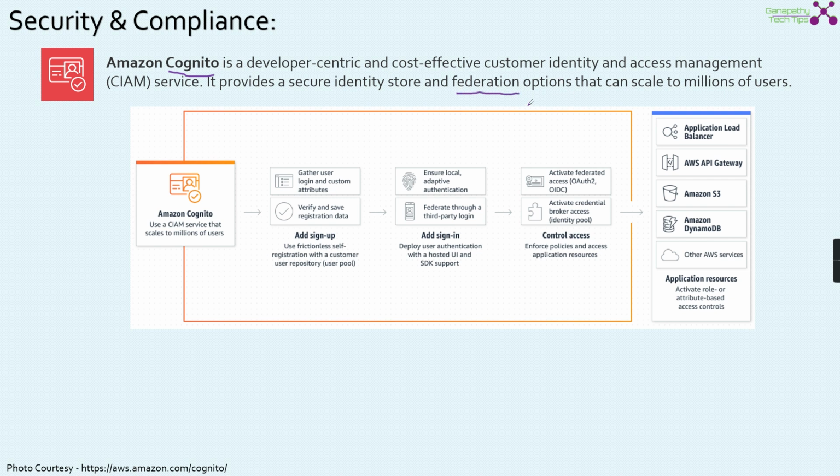Say using my Google ID or my Meta or Facebook ID, instead of providing all the details like name and so on to register my user with any of the applications, we can federate that using the native tokens. Cognito provides identity pools and user pools, but those things are out of scope for the exam.